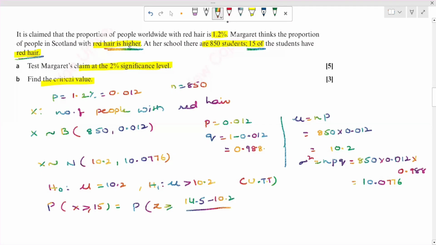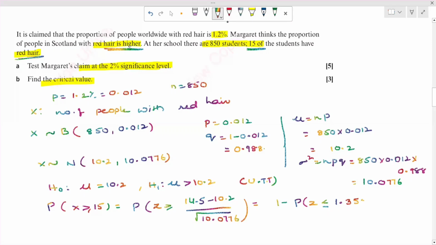Sigma is nothing but the root of the variance, root of 10.0776. Now if you simplify using the calculator, greater than means 1 minus, you can write like this also, Z less than or equal to 1.355.